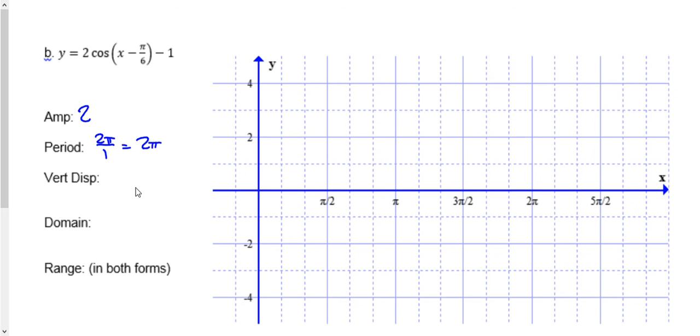We have a vertical displacement. It is minus 1, so that means we went down 1. The one thing that we didn't ask you is phase shift. We have a phase shift in this case, and I'm going to make note of it.